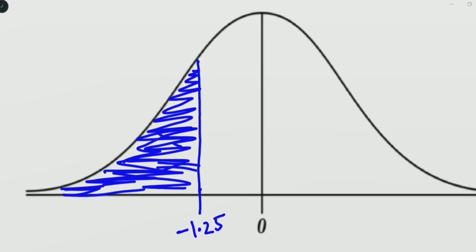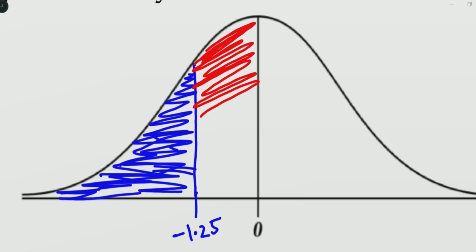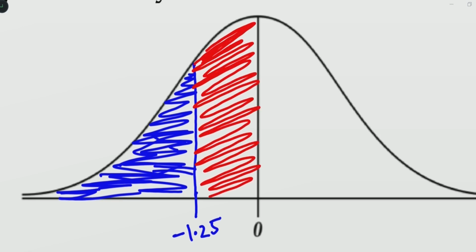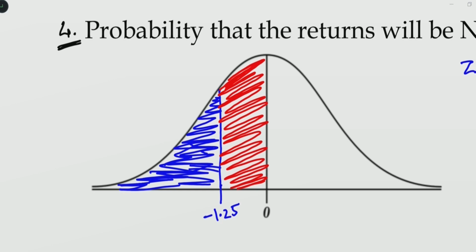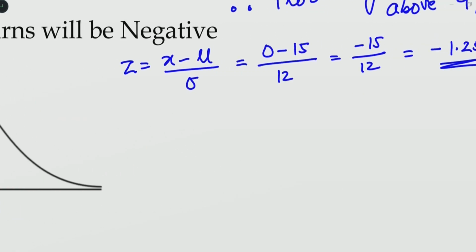How do we find? We first do one thing. We identify this strip, that is the red area. So that will be area from z equal to 0 to z equal to negative 1.25.